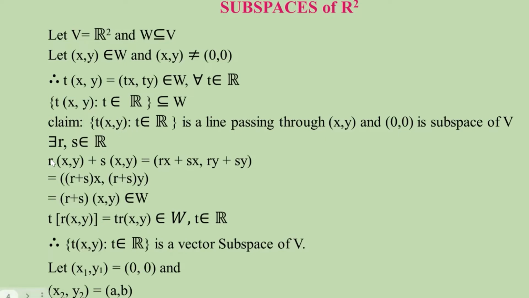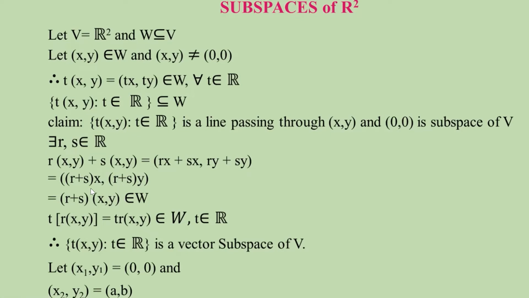So then we take r times (x, y) plus s times (x, y), which is equal to (rx plus sx, ry plus sy), and from that we conclude it equals ((r plus s) times x, (r plus s) times y), which is (r plus s) times (x, y). So this must belong to W, so addition is satisfied.